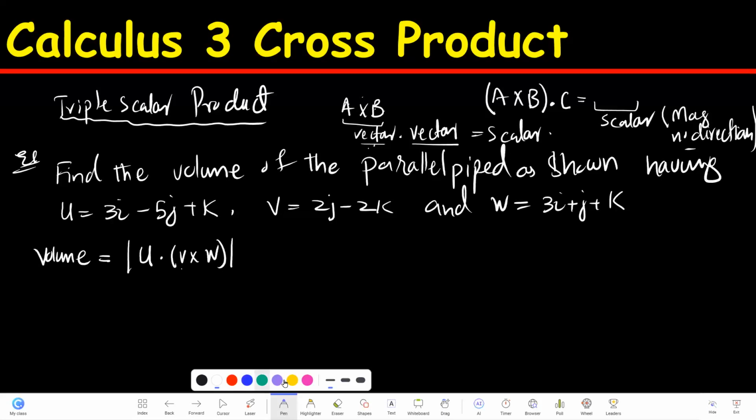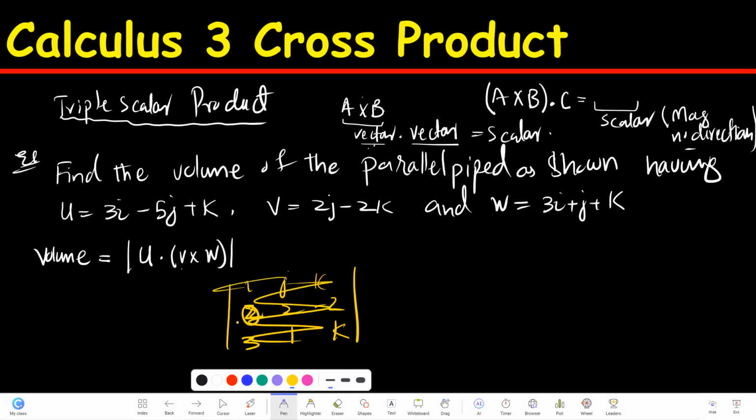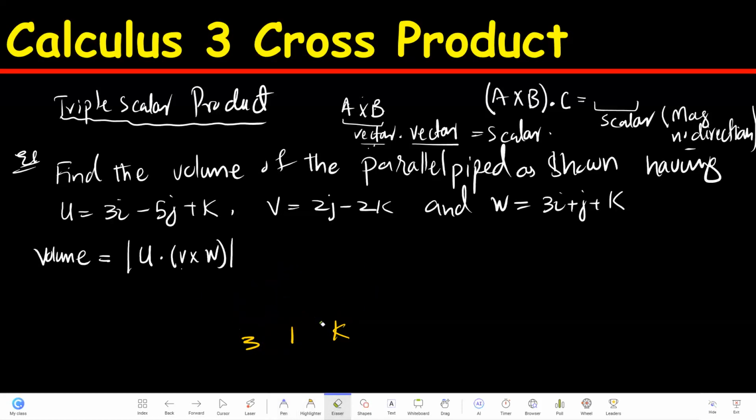I can take the cross product of these using i, j, k, with the rows for v, 0, 2, minus 2, and for w, 3, 1, k. Then I solve this one, and then take the dot product with u. Or I can use a shortcut or alternative, and that's exactly what we want to learn in this topic. What I can do is write it like this.